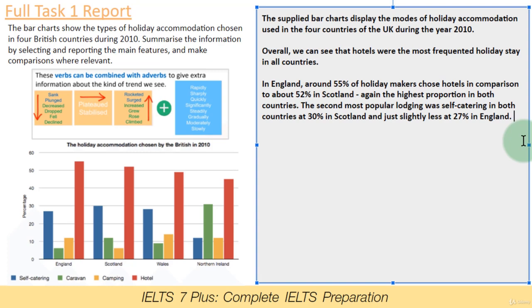So we could say these figures, let's say plunged. And then we probably don't want to say moderately. We're not going to say speed because speed is over time. We need an adverb of amount. So moderately would be it. Significantly, I think, would make sense: significantly for both caravan and camping holidays in both countries.